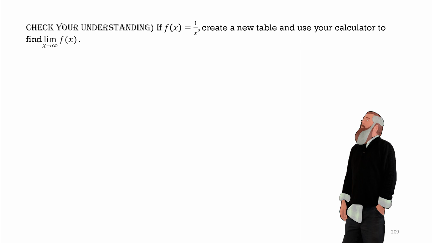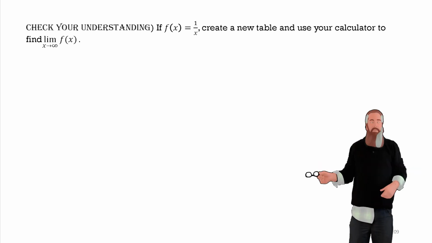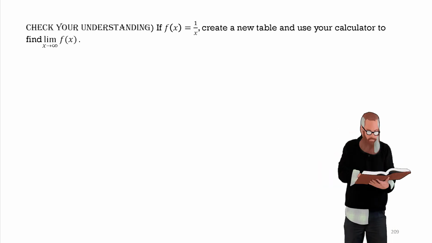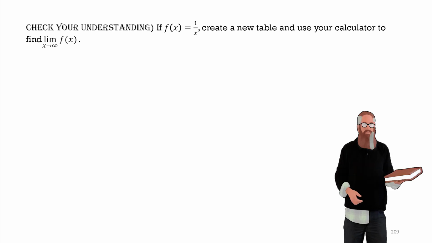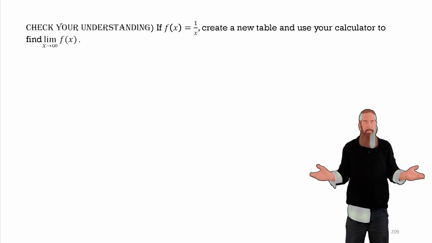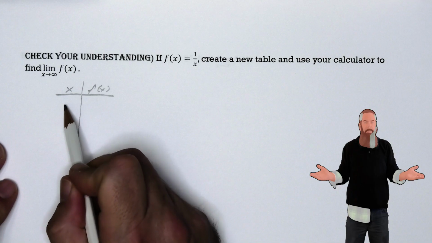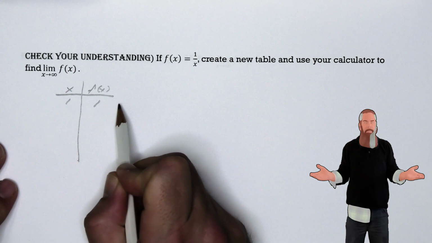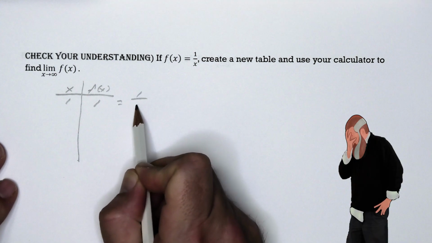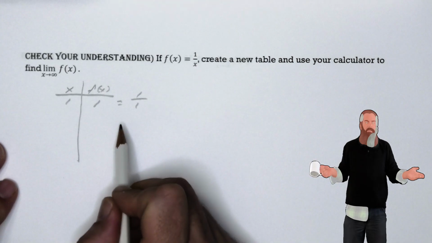Let's check our understanding of this and see what happens if f of x was equal to 1 over x, and create a new table using our calculations to find the limit as x approaches infinity of f of x. So when x is 1, f of x is equal to 1 because we would have 1 divided by 1.